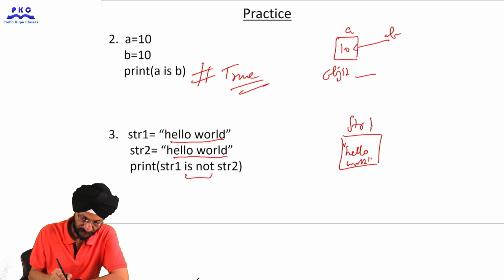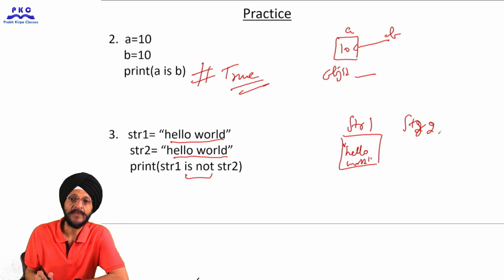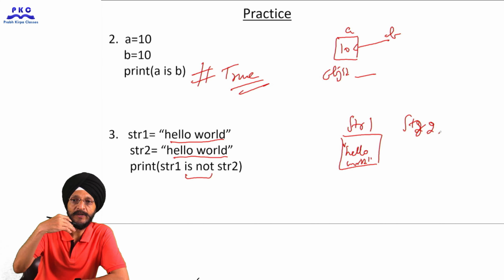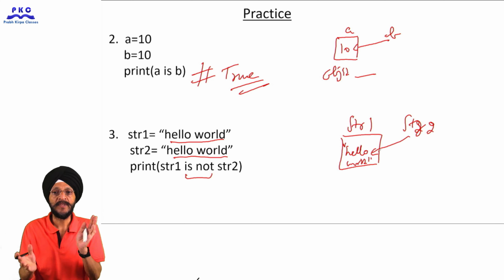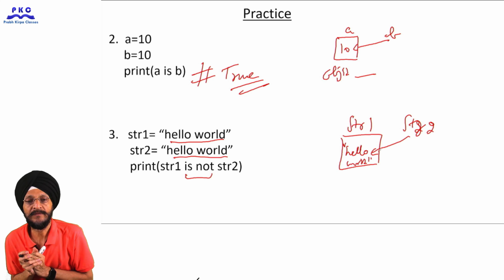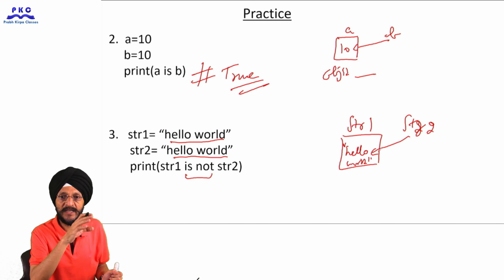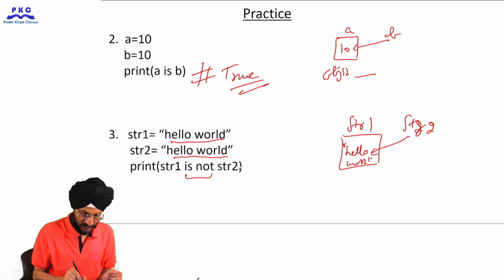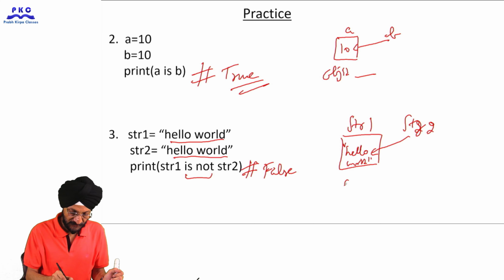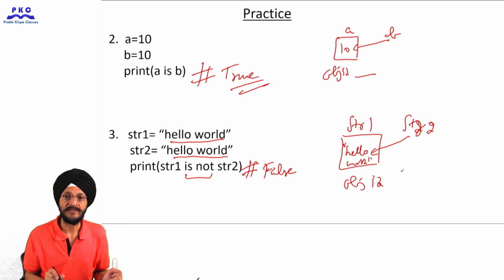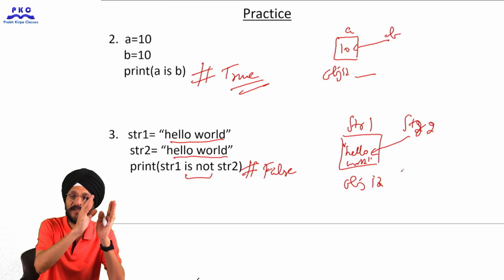When str2 is created, it will not refer to another object in the memory, rather it will refer to the already existing object in the memory. So the output is False because both str1 and str2 refer to the same memory address or refer to the same object in the memory.